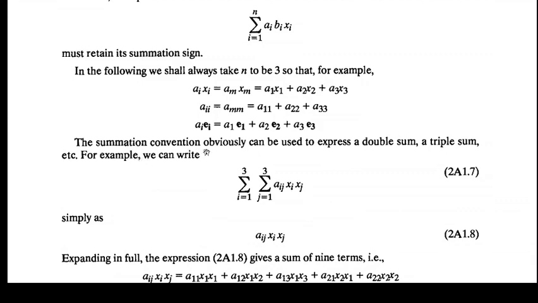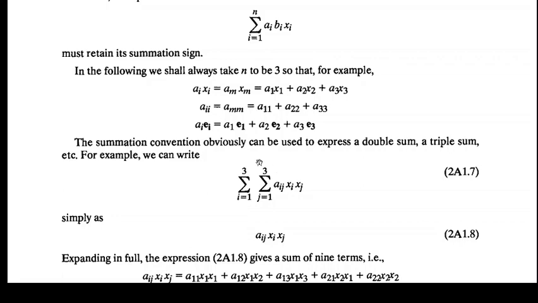Now the summation convention can obviously be used to express a double sum, triple sum, four times sum, five times sum, six times sum. Here is the example of a double sum. In aij, xi, xj, i is repeating two times and j is repeating two times, so the summation i equal to 1 to 3, j equal to 1 to 3 can be written as aij, xi, xj.